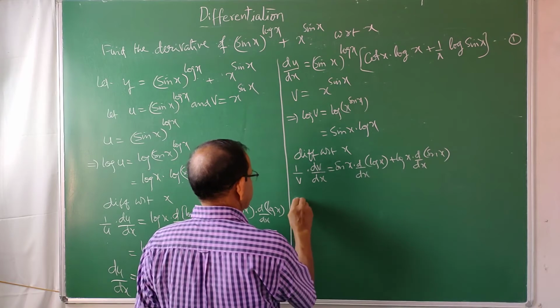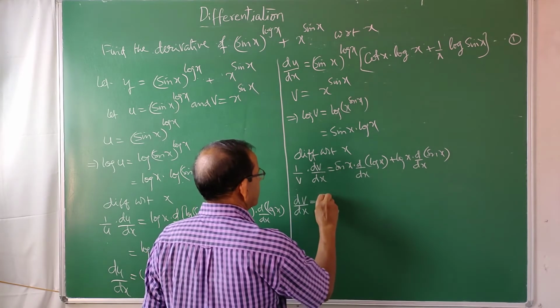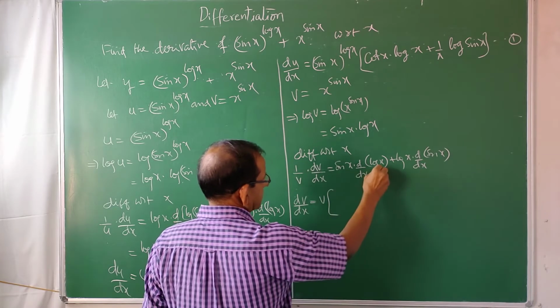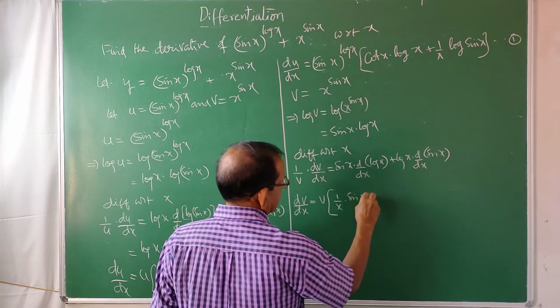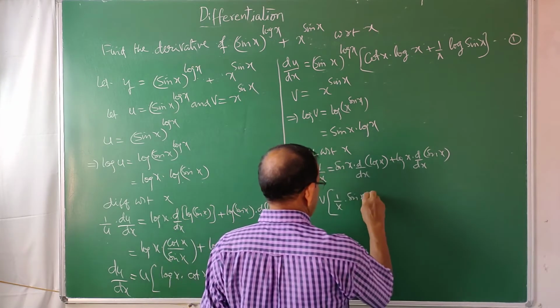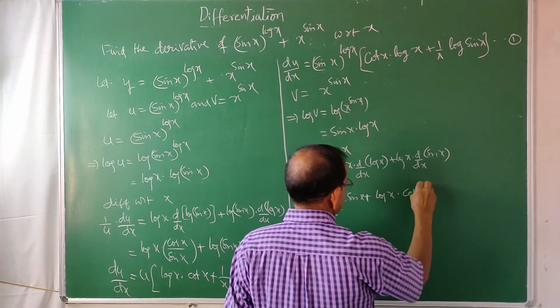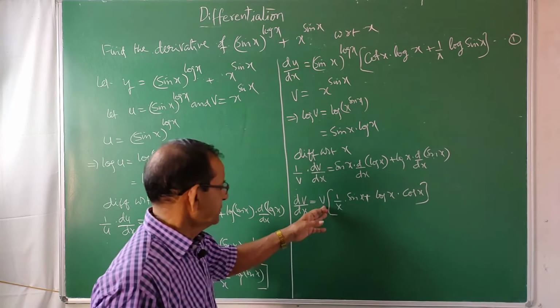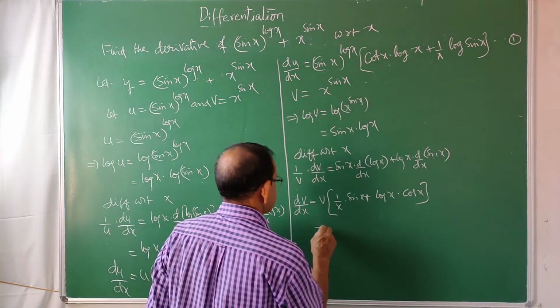So dv by dx is equal to v into, log x derivative is 1 by x, I will write it in the first place, into sin x plus log x into sin x derivative is cos x. Now substitute the value of v. What is v? X power sin x.